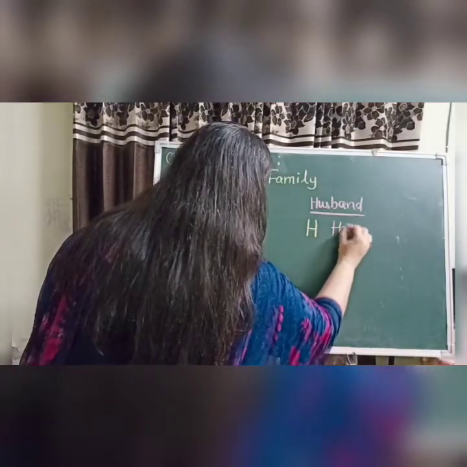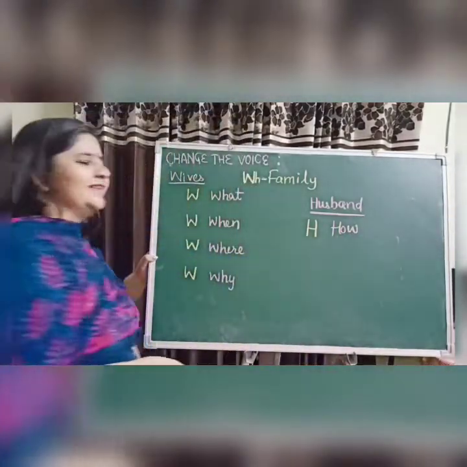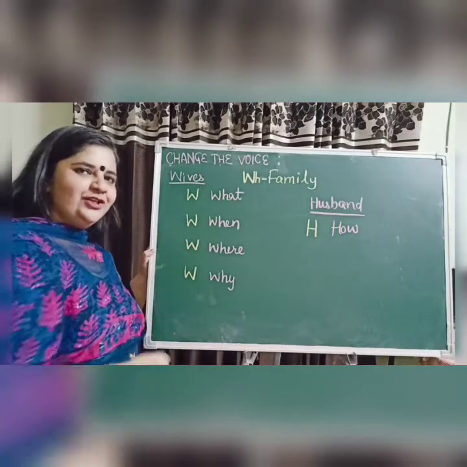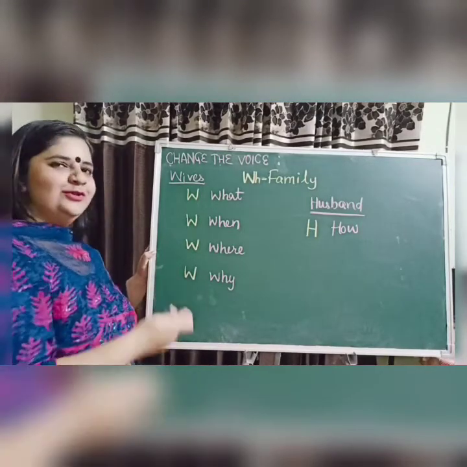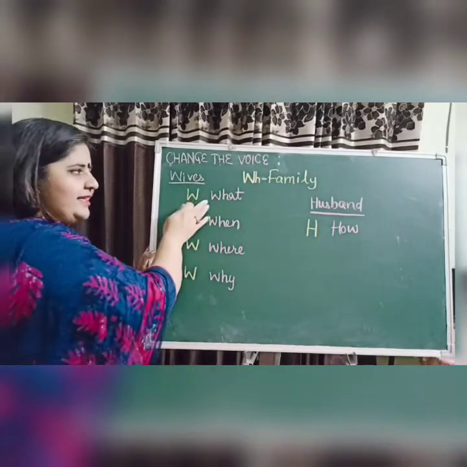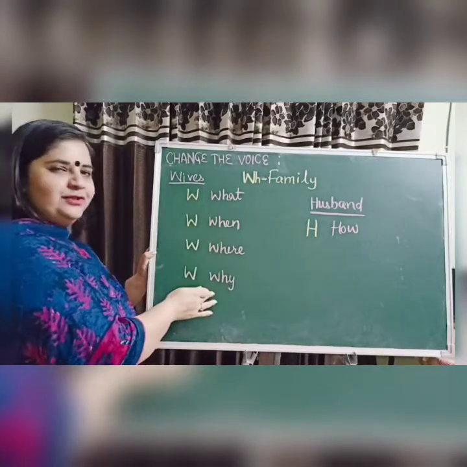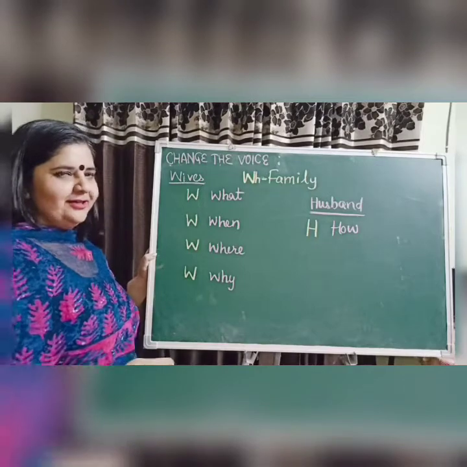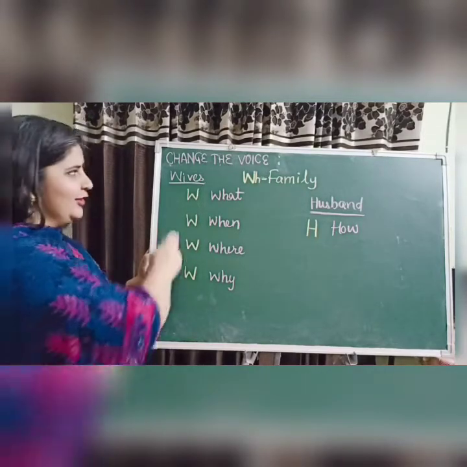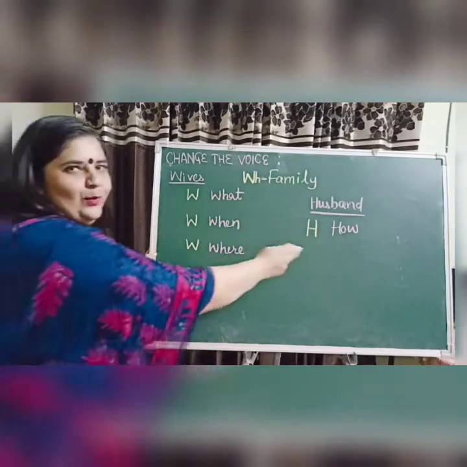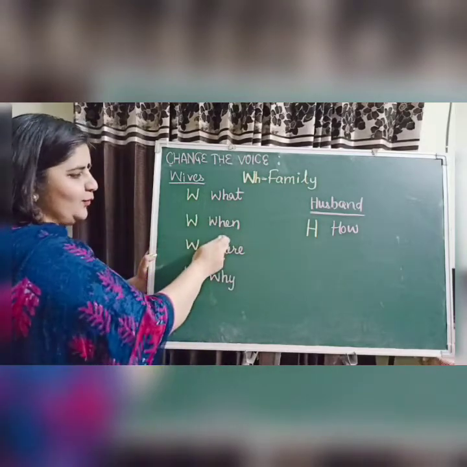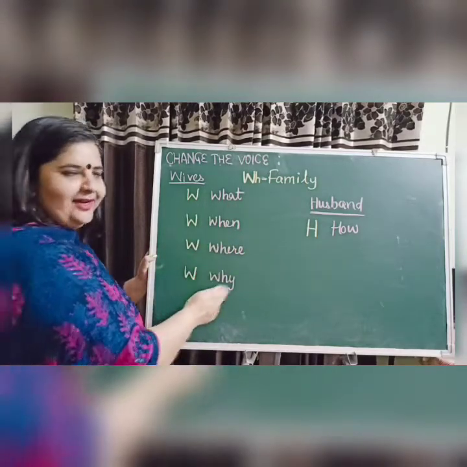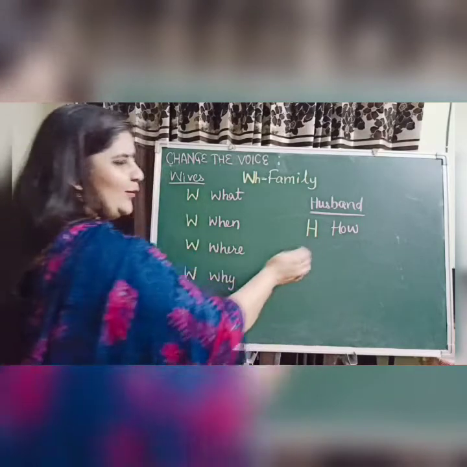Yes, how? In this section, we will see how to change the voice of the sentences having WH family in the beginning. And don't forget, WH family means 4 wives, 1 husband. What, when, where, why, and how.